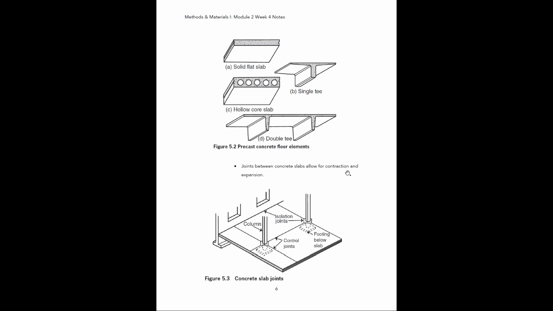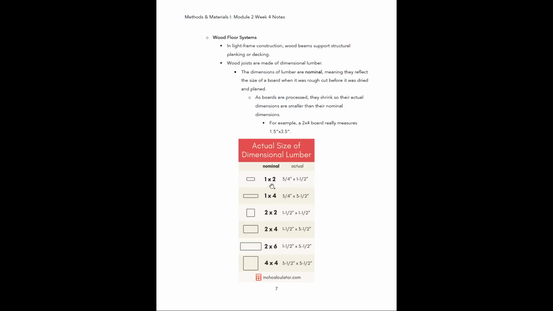All right, but these joints between the concrete slabs, just like the brick structures and masonry structures we talked about last week, these allow for contraction and expansion within the structure, and that's going to prevent failures or cracking in the concrete floor. All right, so if you've ever been in a building that has big cracks in the concrete floor, usually that's because they lack proper control joints to allow for that movement.